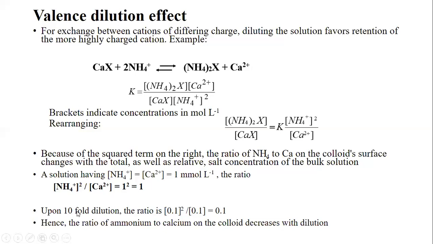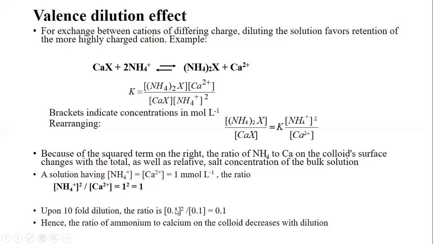Now, upon tenfold dilution, this is the whole purpose of this: the effect of dilution. We're going to see what dilution does to the retention of the divalent against monovalent. So we diluted the solution 10 times. Instead of 1 millimole per liter, each one of them becomes 0.1 millimole per liter.